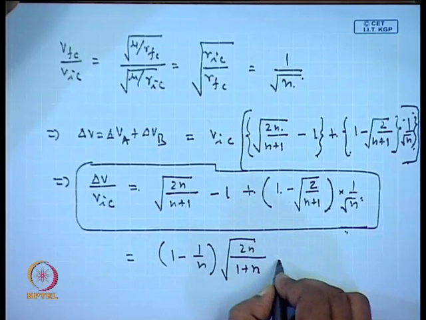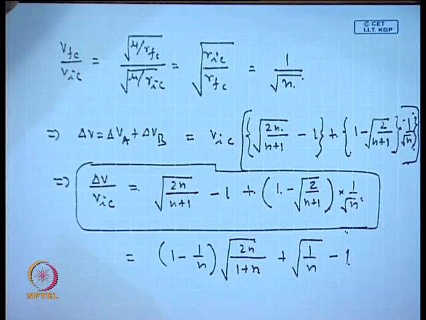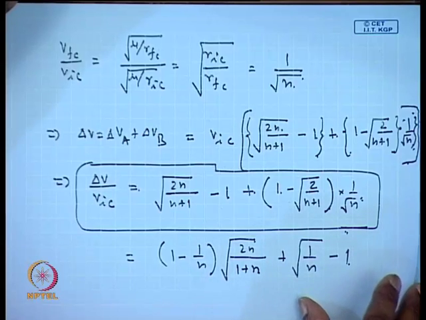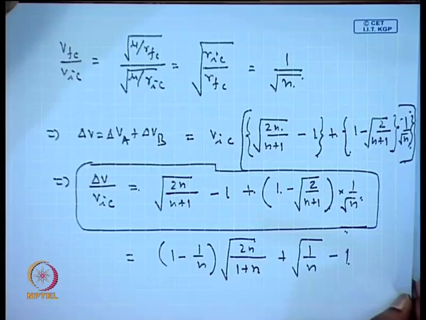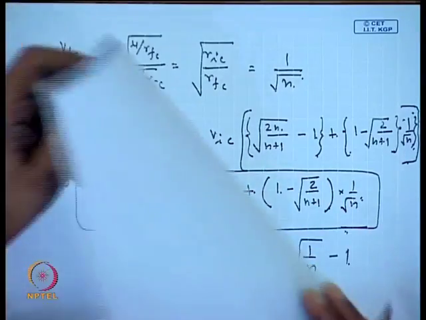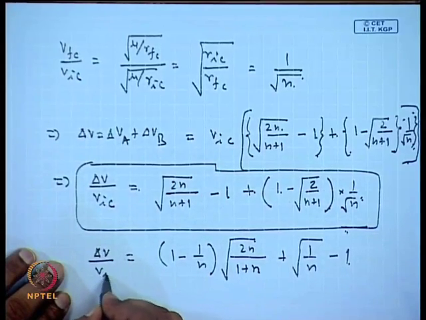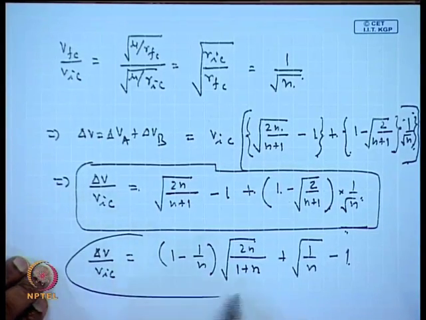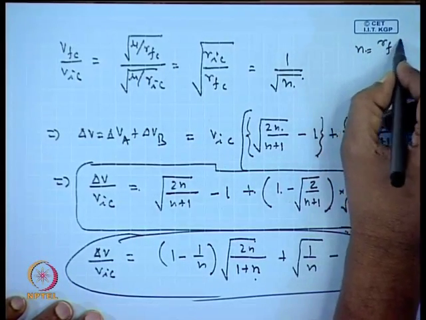Here n is a quantity which we have written as r_f by r_i.